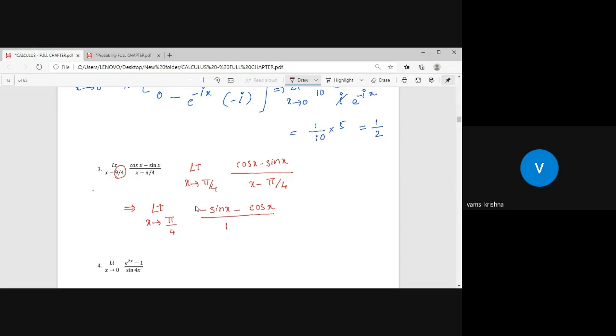So now in place of x, if I substitute pi by 4, so this is minus sin 45, 1 by root 2, minus 1 by root 2, minus 1 by root 2. So minus 2 by root 2. So result is simply minus root 2.